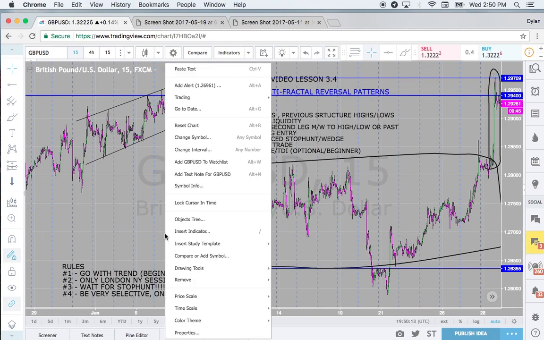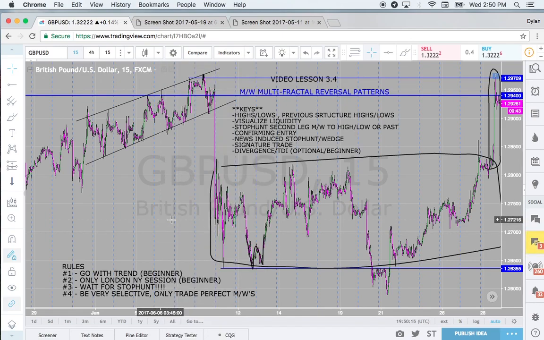When you're a beginner trader, going with the trend is just the obvious thing to do. You don't even have to have a strategy if you go with the trend. You can buy with a very large account, and if you're going with trend, you can make some money.